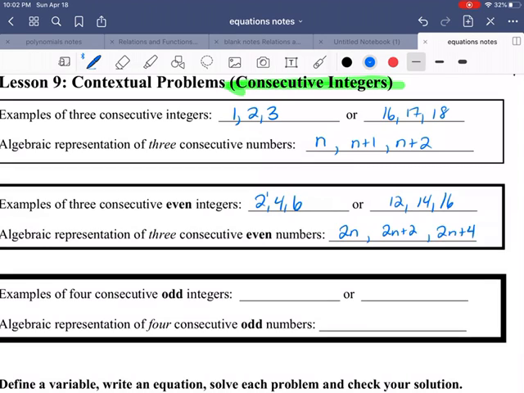Note that this is 2 more than that, that's 2 more than that, but to go from 2 to 6, that's plus 4. To go from 12 to 14, that's plus 2. To go from 12 to 16, that's plus 4. So that's where the plus 2 and the plus 4 come from.